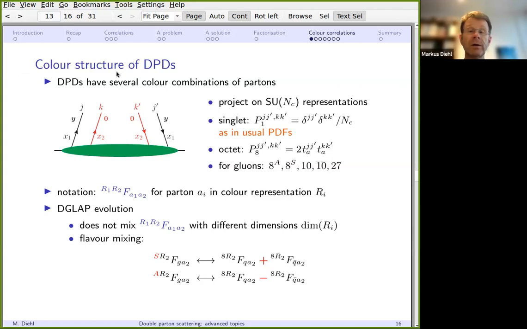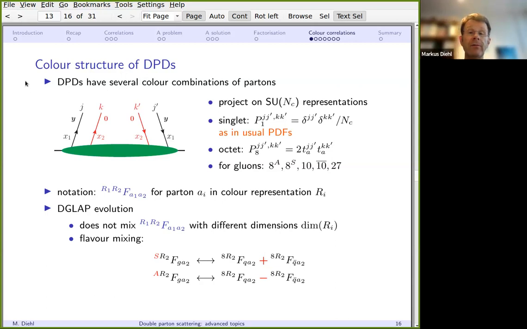And you can project these 2 color states on a representation of SU(N), of the color group, SU(3) if you like. That's the same kind of algebraic exercise you would do if you couple the spins of 2 particles, say coupling 2 spin 1/2 to a spin 1 or spin 0.